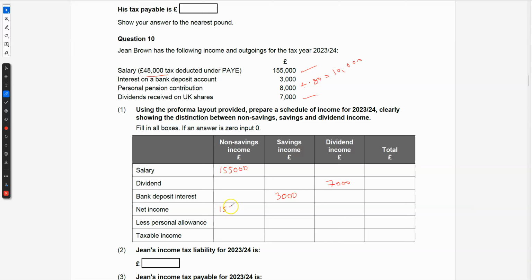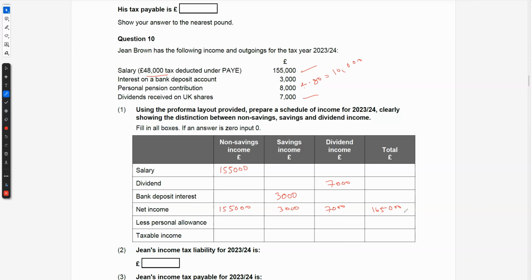Alright, so let's find it out. 155,000, 3,000 and 7,000, and if we add it, 165. Now we need to look at the personal allowance, and we can see the net income is more than 125,140.